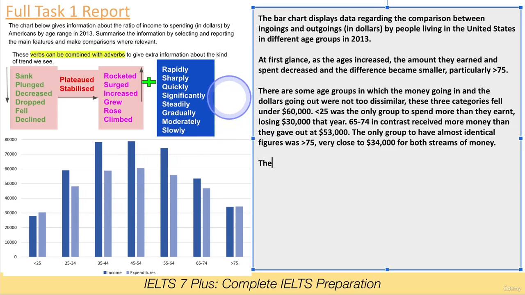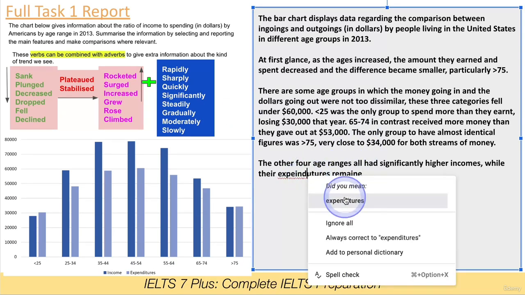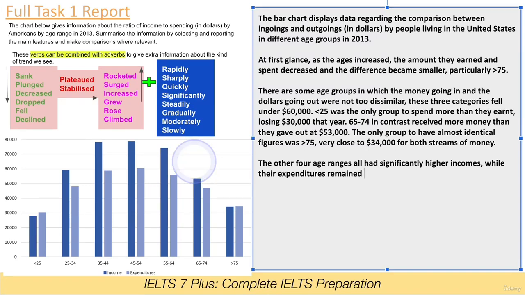So the other four age ranges all had significantly higher incomes, while their earnings were all 60,000 or less, while their expenditures remained, and we're checking our spelling, that's really important, remained at 60,000 or less. Okay, so that's how we're grouping them.